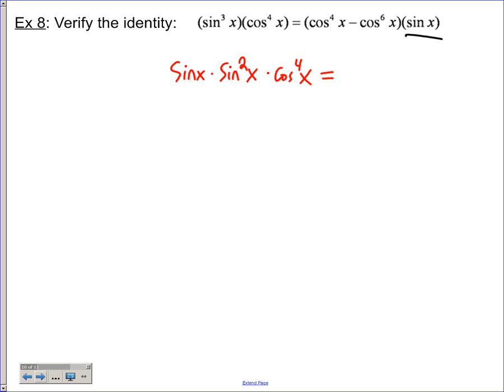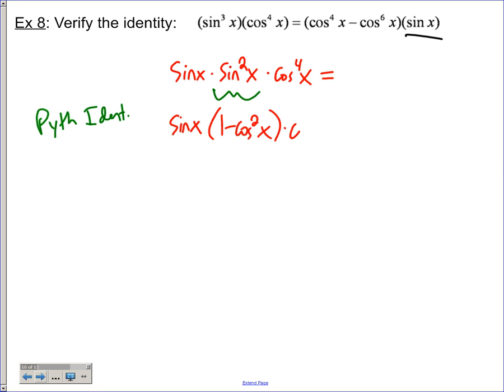All right. Now the reason I did that was I know there can only be one sine of x term, so I'm going to replace this middle sine squared term using the Pythagorean identity. Okay. I'm going to replace that term to be 1 minus cosine squared x times cosine to the 4th x. And you can see we're getting somewhere now.